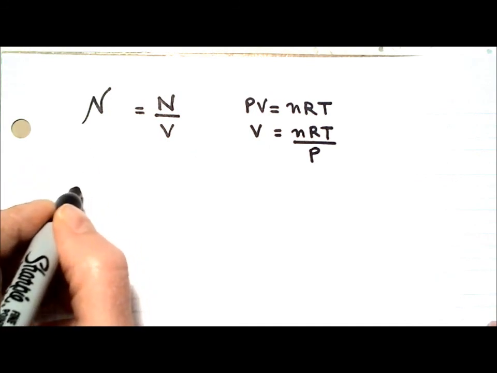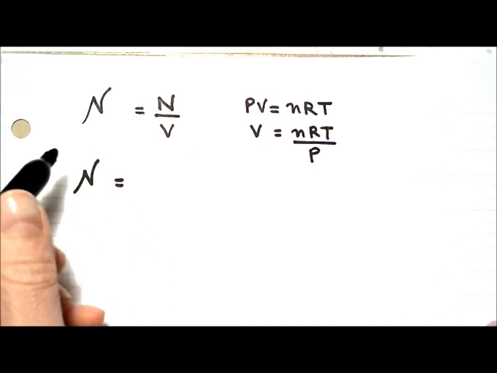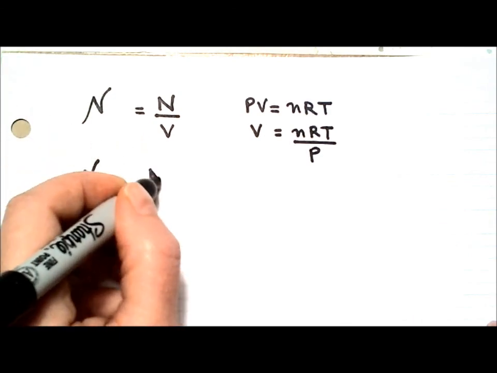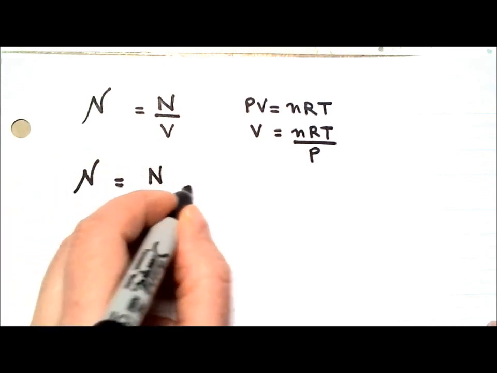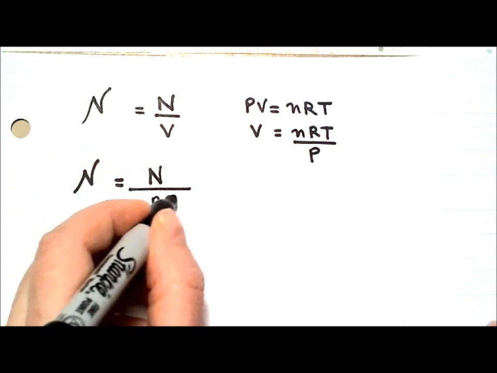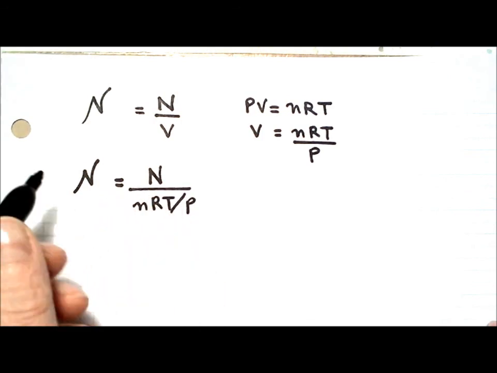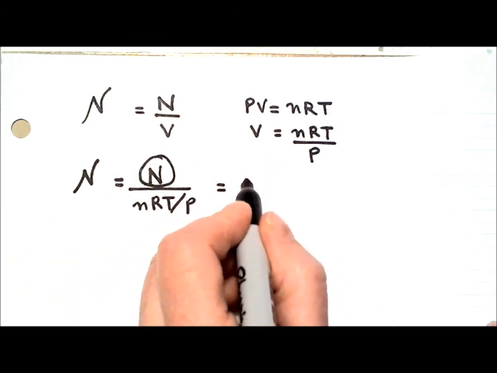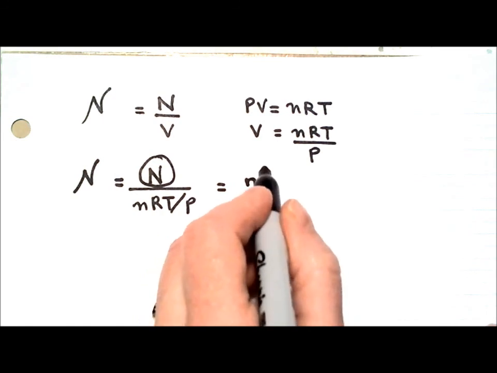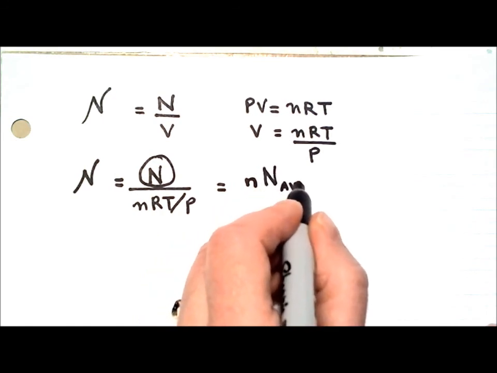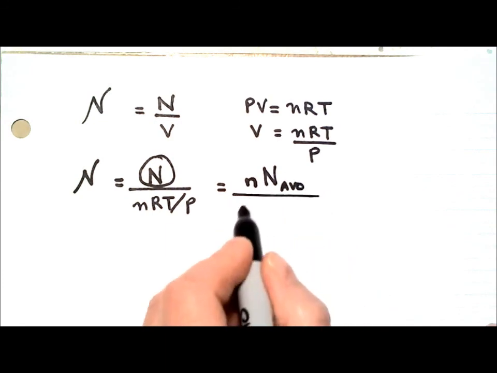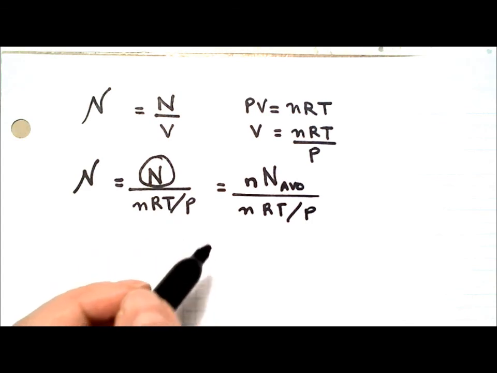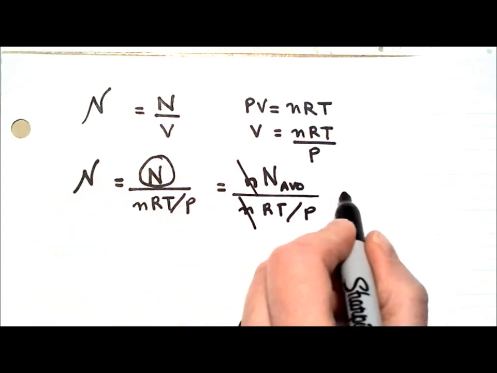And so this number density is equal to, let me write that out, the total number of particles over nRT over P. And this total number of particles would be equal to the number of moles, small n, multiplied by Avogadro's number, all over nRT over P. And that allows me to cancel the number of moles.